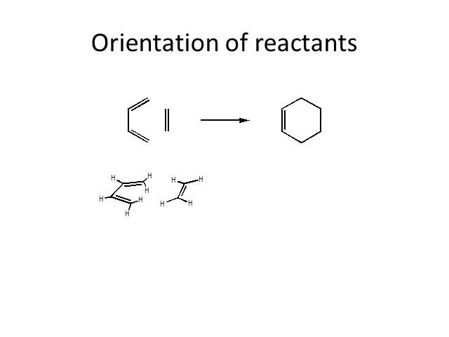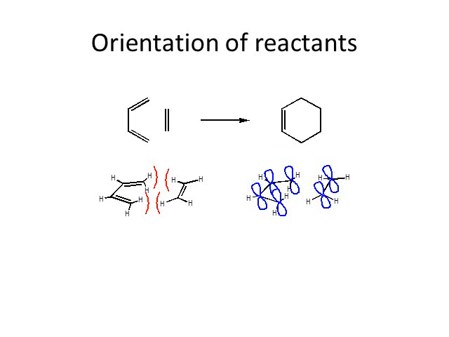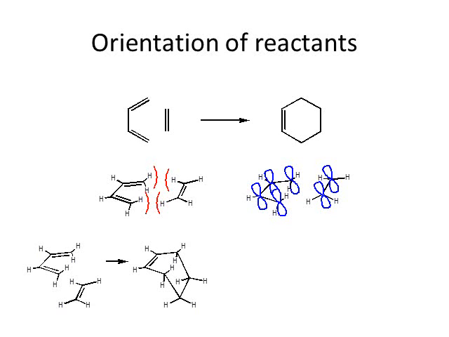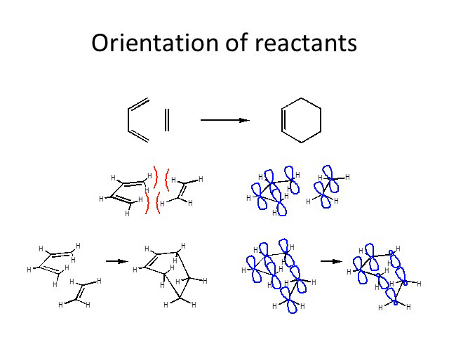Let's just quickly go through. The orientation of reactants is such that if I'm bringing ethene and my diene and my dienophile together, they're not going to come together in a totally coplanar fashion because they'd bump into each other and because the p orbitals wouldn't interact. What's really going to happen is they're going to come together where one's kind of above and the other below, or we could also have the ethene come from above.